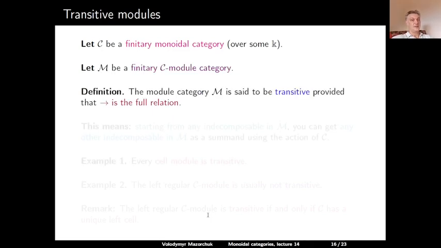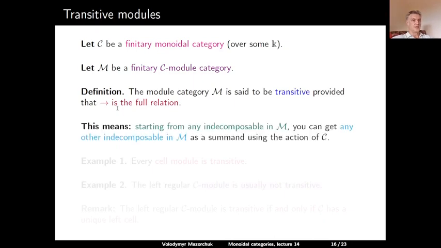Definition: we will say that M is transitive provided that the arrow relation is a full relation for this M. This means that starting from any indecomposable object in M, we can get any other indecomposable object in M as a summand of something in C applied to our fixed indecomposable in M. For example, we just gave an example which effectively says that every cell module is transitive.